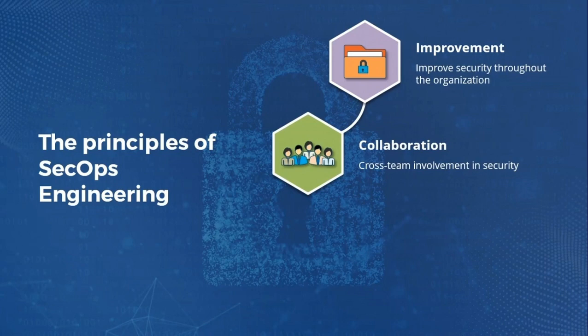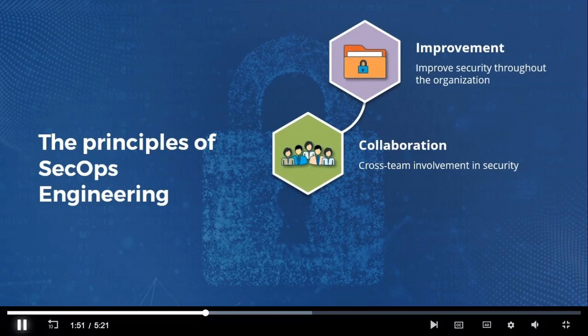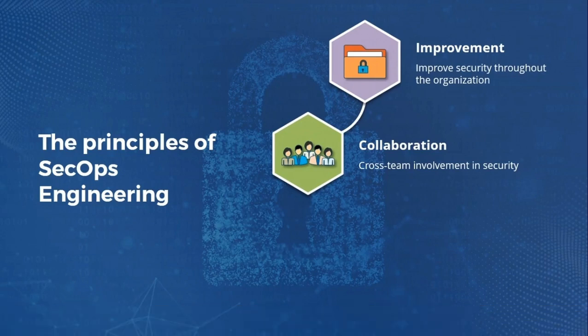Collaboration is essential. As the name SecOps itself indicates, we want to have cross-team involvement in security. Basically, there's a problem that exists in some organizations today. You have web developers who work in one group. You have operational people that work in another. You have security people that work in another, and their knowledge is not being cross-pollinated.